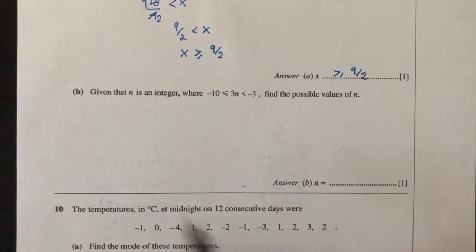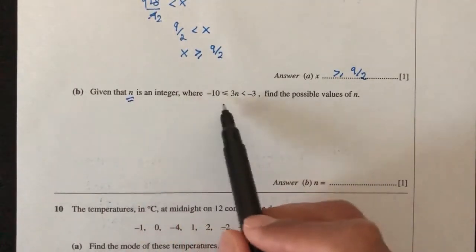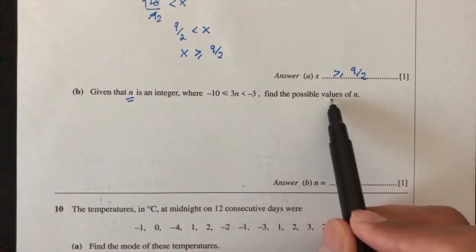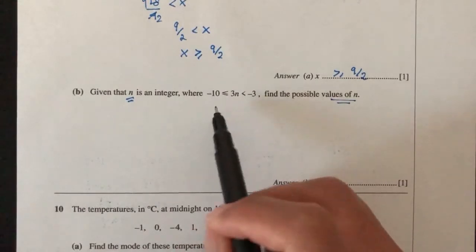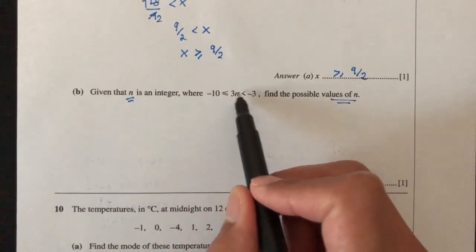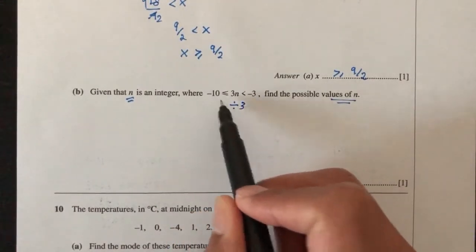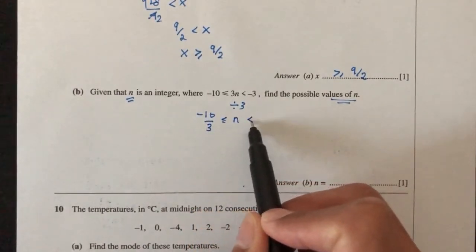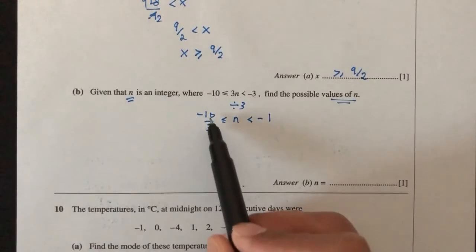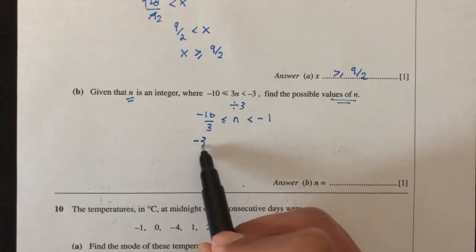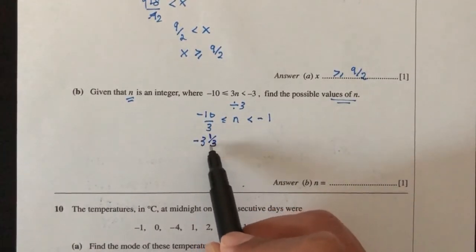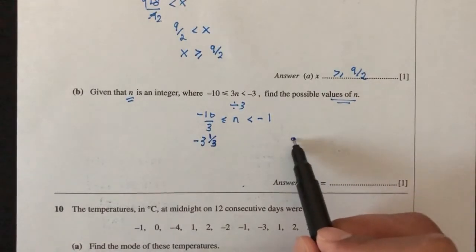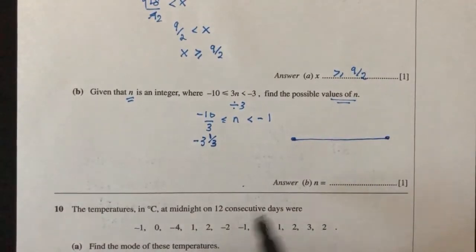Now for part B, given that n is an integer, find the possible values of n. So let's solve this. We have to divide by 3 everywhere. So here will be minus 3 and 1/3. Let's draw a line for the values of n.